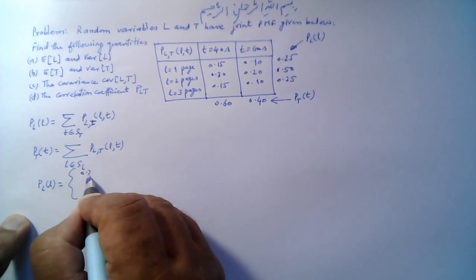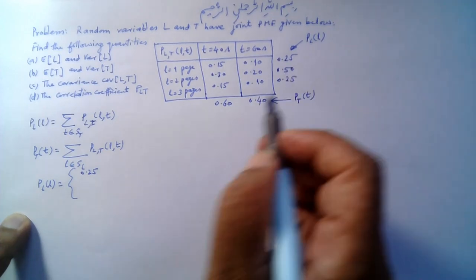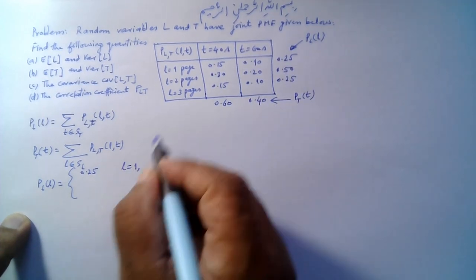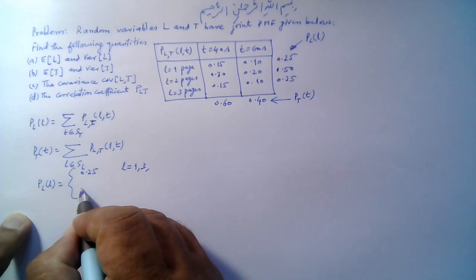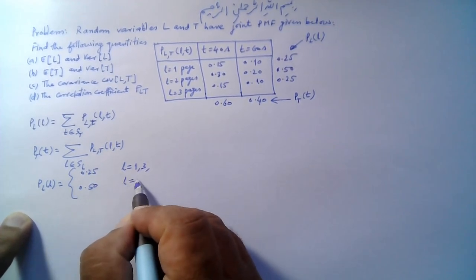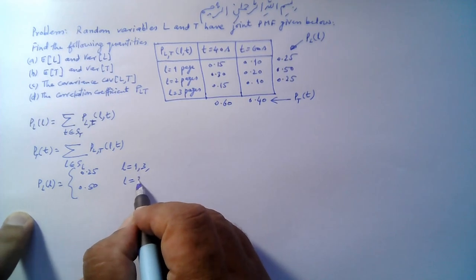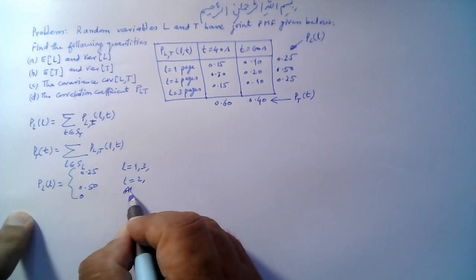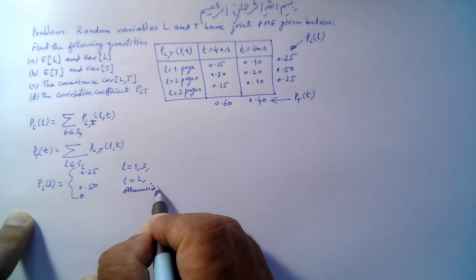So 0.25 for the random variable L equal to 1 and 3, and 0.50 for the random variable L equal to 2, and this is 0 otherwise.